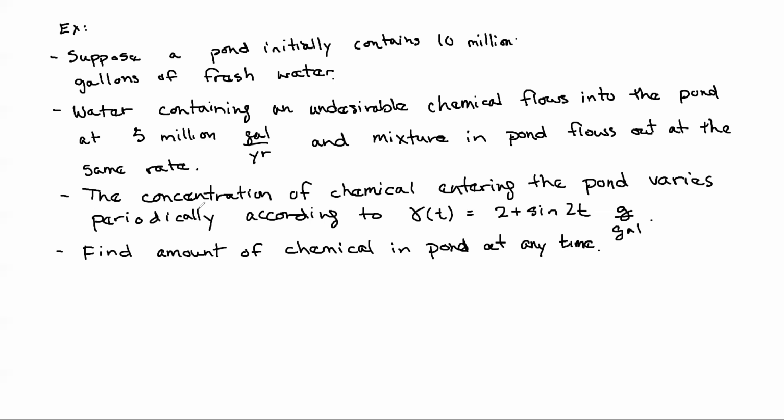So it wouldn't be constant because the plant is maybe not doing that part of the manufacturing process constantly. Instead, it does it once a quarter or once a year. And so you could have some type of a function that could model, well, every June, chemical is pumped into the water.